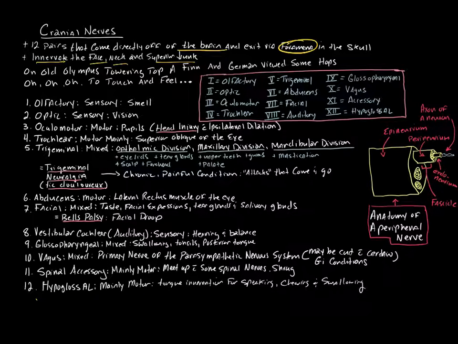There is an old saying. On old Olympus towering top, a Finn and German viewed some hawks. Okay, that is the classical one, that's how I learned how to do it in anatomy and physiology. There is a more contemporary way of memorizing the cranial nerves. However, it's not appropriate. I can't say it.